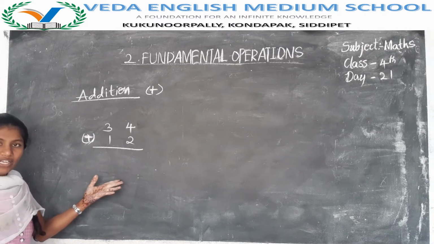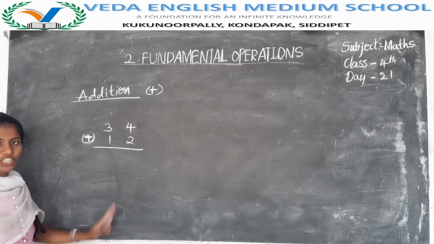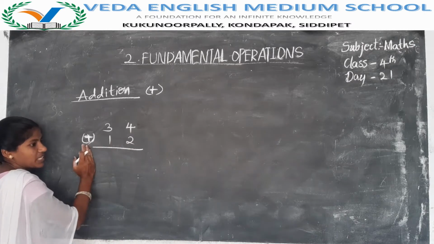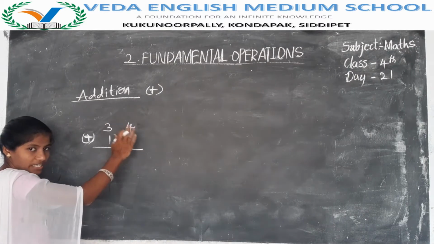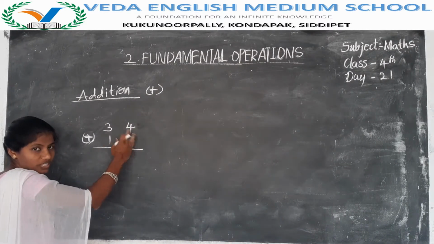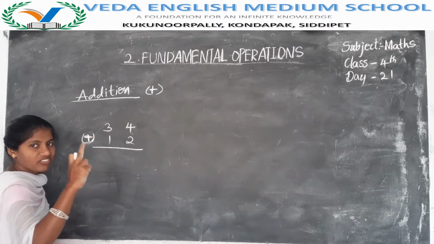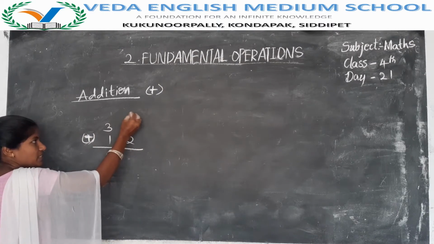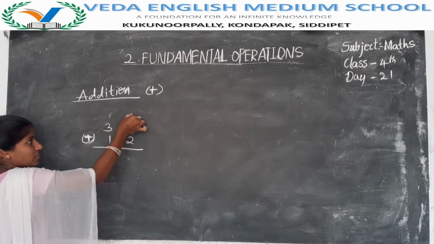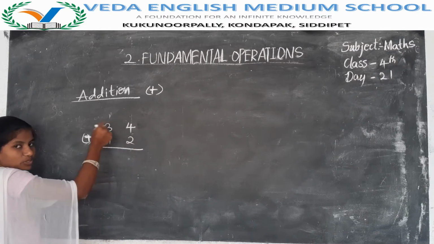While you are doing addition, you have to start the solution from right side to left side. In the right side, the first place value is ones. That means you have to start the addition from the ones place onwards. It is ones place, it is tens place. So first add the ones place numbers, then come to the tens place numbers.